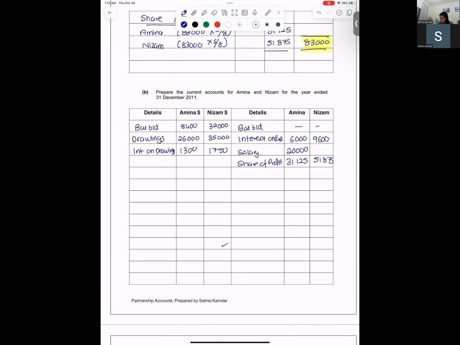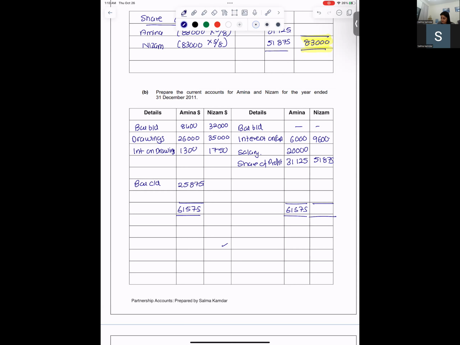Now I will close the current account one by one. I see the credit side total of Amina is more. It is 61,575, and I will write it on both the sides. From 61,575, when I deduct 8,400, 26,000 and 1,300, I will get my balance closed down for Amina as 25,875.